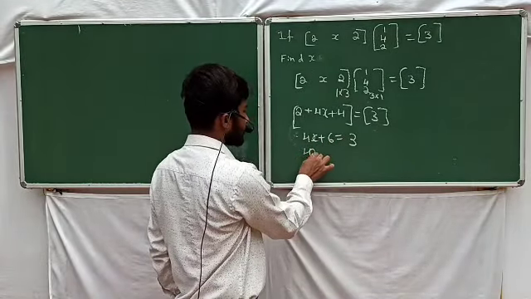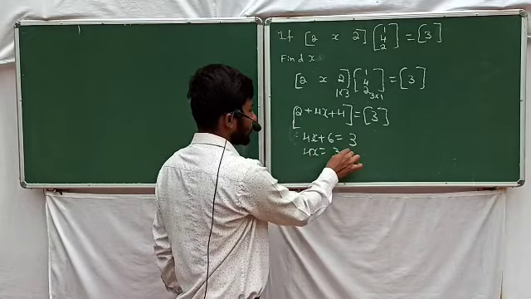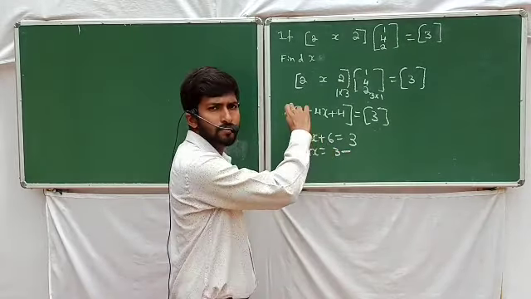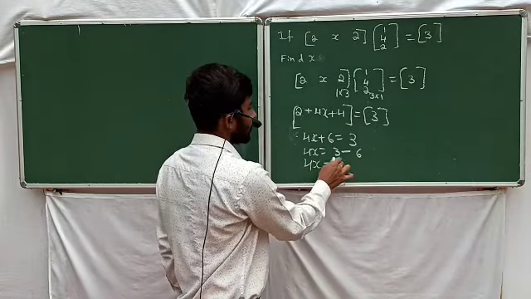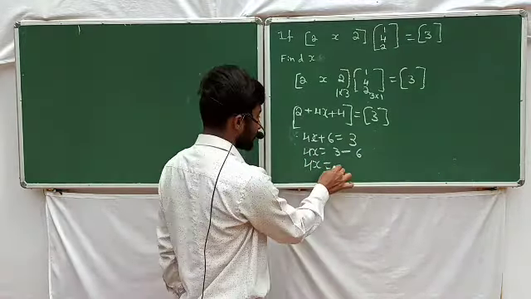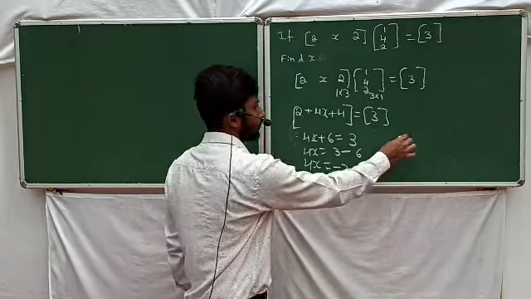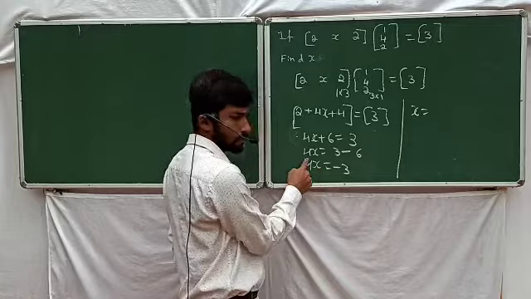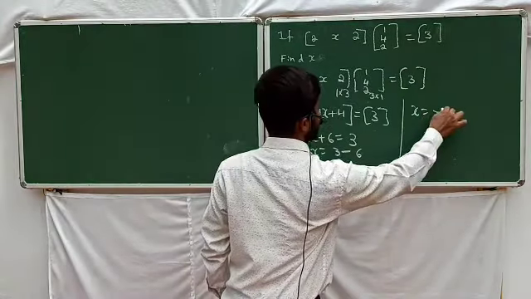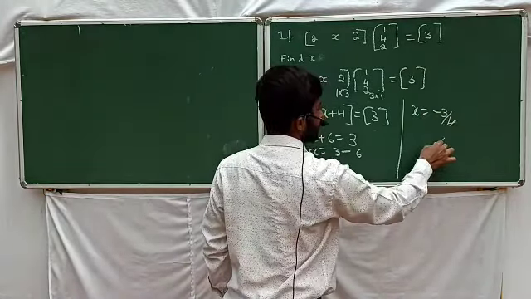Then 4x is equal to 3 minus 6, shifting plus 6 to the RHS. 4x is equal to 3 minus 6, its value is minus 3. Therefore, x is equal to minus 3 by 4, shifting 4 to the RHS.